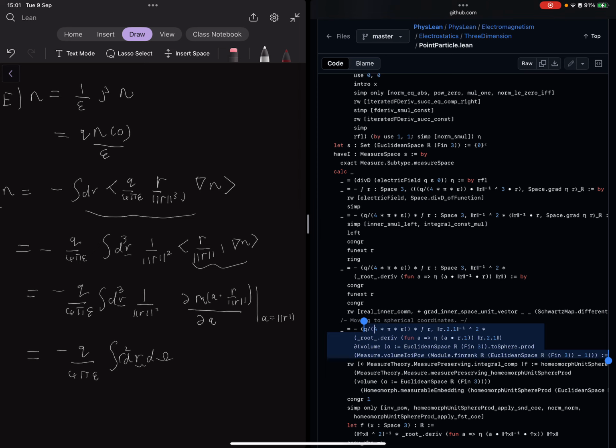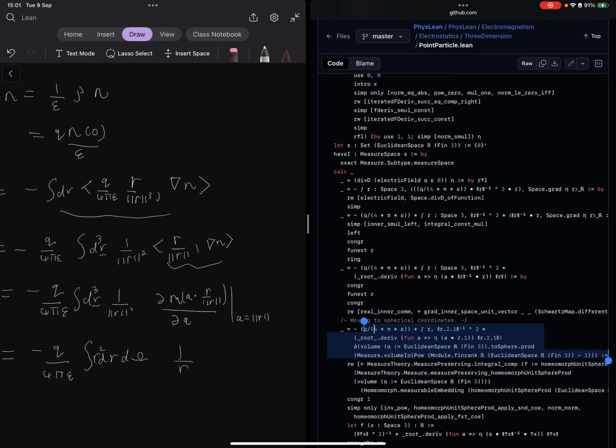So this r here is now the radius, and this r is the thing above. If we do that, what we get is that this thing simplifies to... well, let me rewrite this. I apologize for my notation.